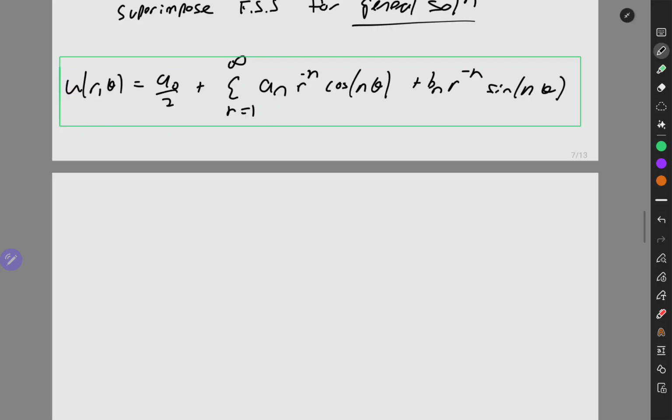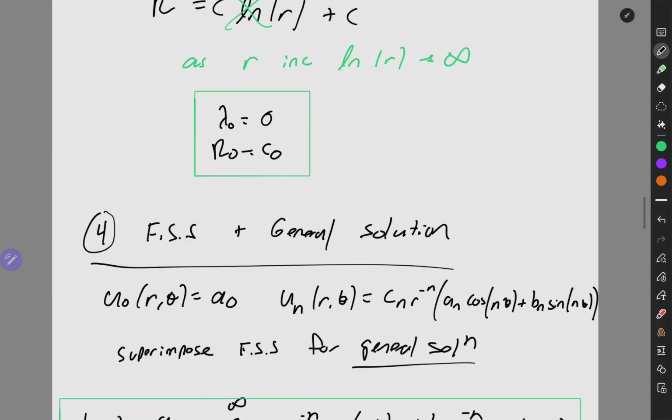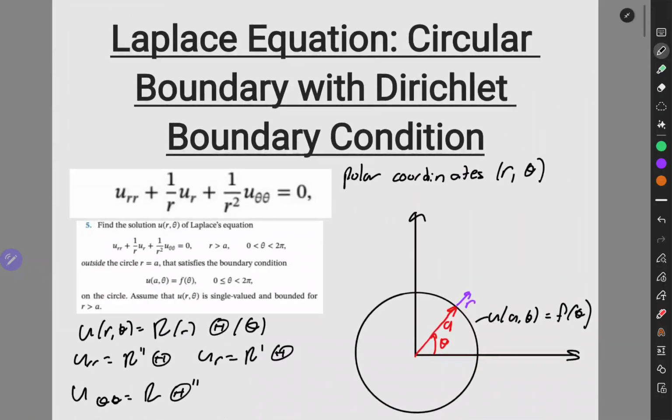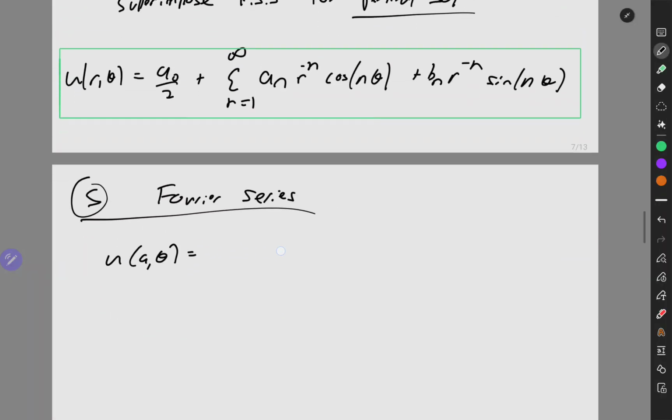Now, let's use the boundary condition to solve the Fourier series, step 5. So we're going to have u of a theta, I think that's what they gave us, equals f of theta. That's right on the boundary, right on the circle.